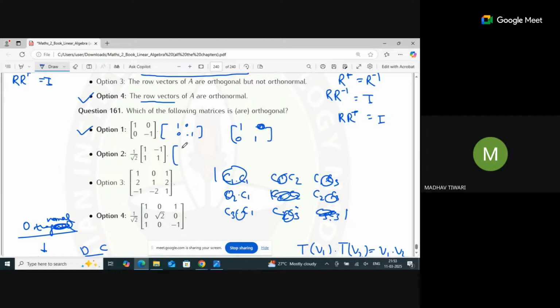Next one, I have to multiply 1 by root 2 times the matrix [1, -1; 1, 1] with its transpose. 1 by root 2 times 1 by root 2 will be 1 by 2.